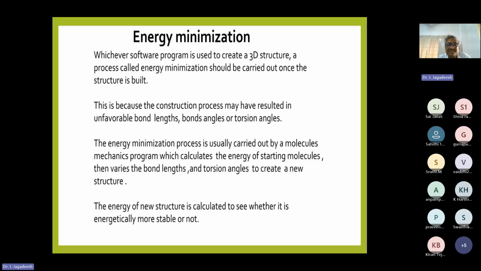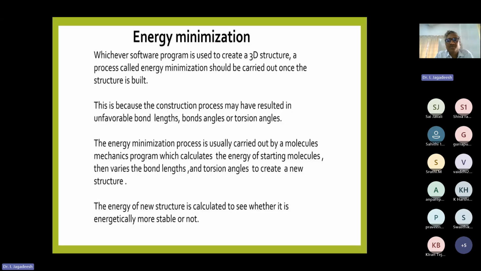In the 3D structure, you have length, breadth, and height. So it has a to-and-fro depression also, and top also. So you have a three-dimensional structure, just like you take a line, then a square, and then a cube.